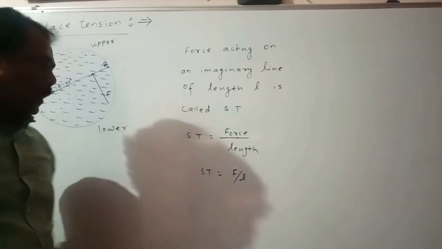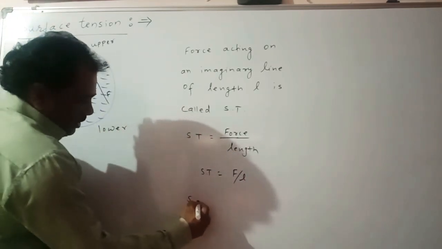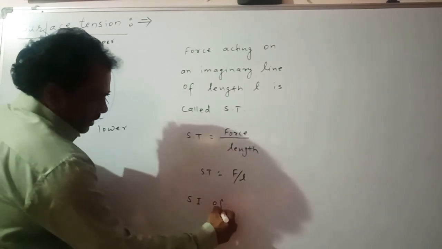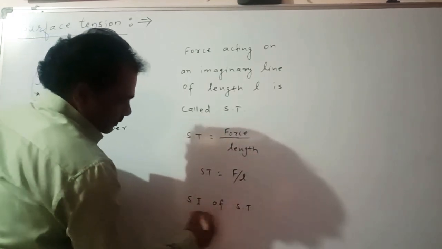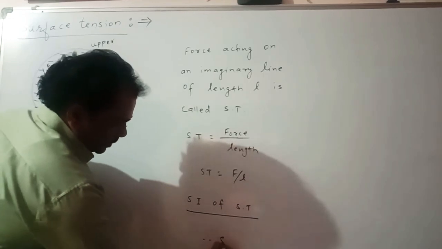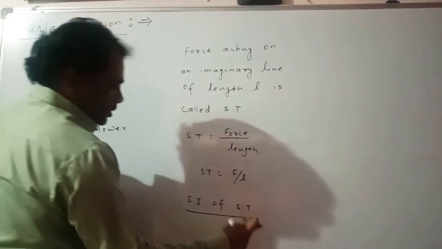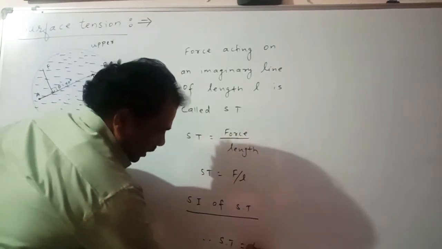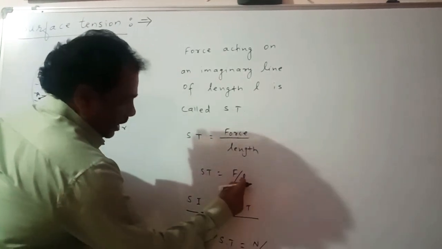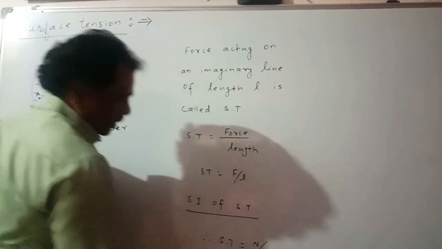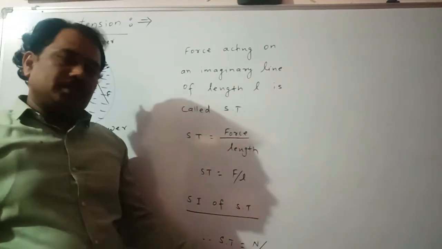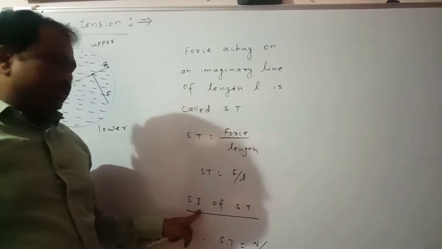So the SI unit of surface tension: force is measured in Newton and length is measured in meter. So Newton per meter, that is the SI unit for surface tension.